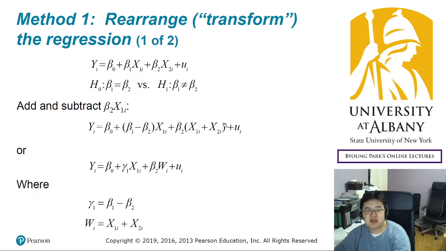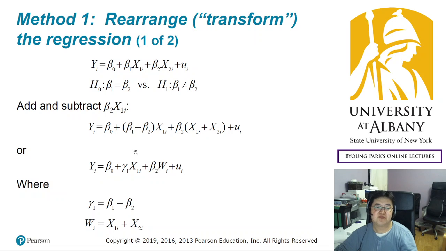Anyhow, beta 2 x1 here and beta 2 x1 here will cancel out, so there is no difference in the regression equation.